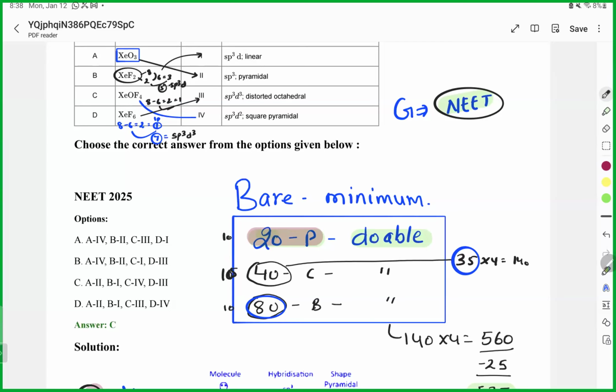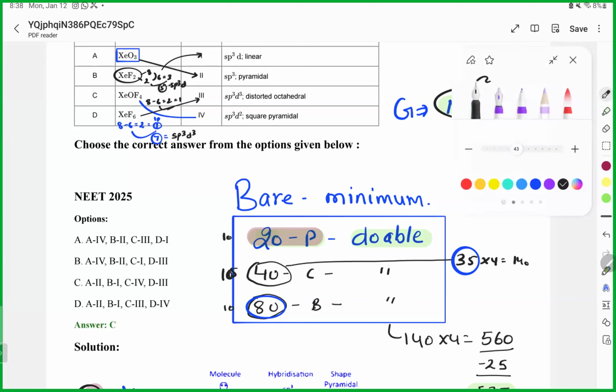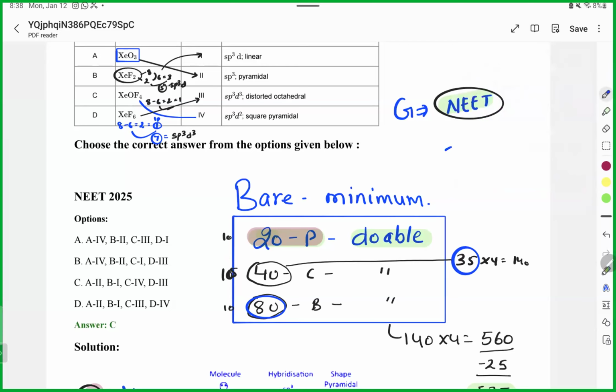See, I understand. For example, at 510, there are 1 lakh people who got 510. You can say there is actually cutthroat competition, right? Only at 510, there are 1 lakh people at this rank.